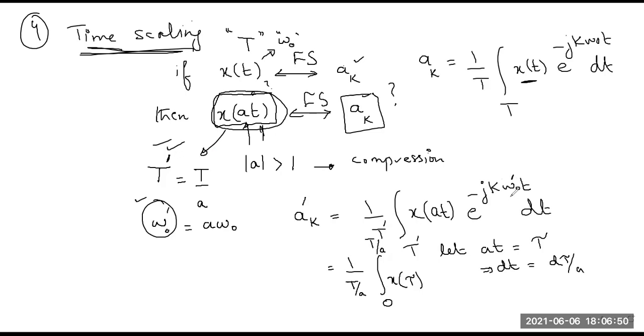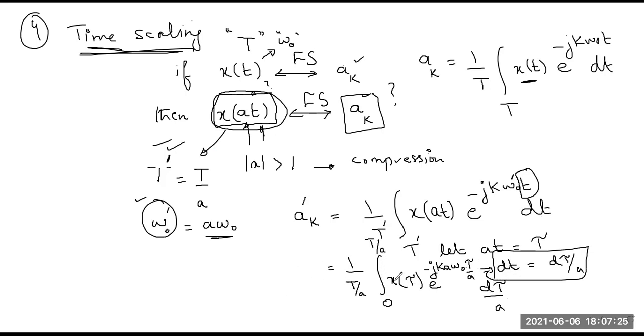So I will get e to the power minus jk, with omega naught dash becoming a times omega naught by this relationship. And this t, I can replace with tau by a. This dt will be replaced by d tau over a, as I mentioned over here.